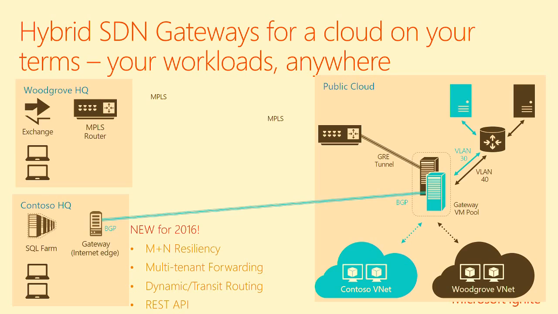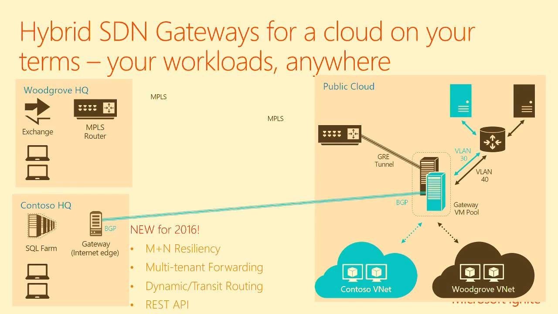But in Server 2016, we now have M+N resiliency. What it means is you don't have to have a gateway for each tenant. You can have one gateway that takes traffic for many more tenant networks, and if you have more virtual networks or more tenants, you can add more gateways.